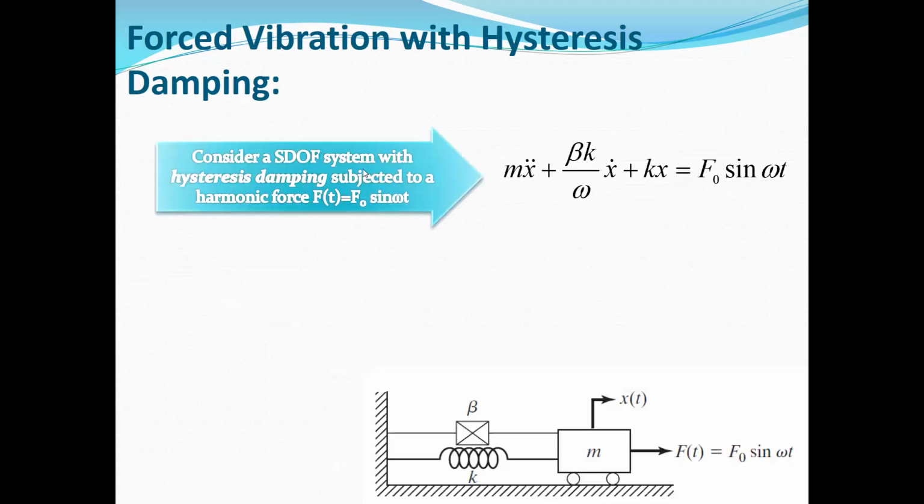The next concept is forced vibration with hysteresis damping. Again, we can assume an SDOF system with hysteresis damping subjected to the external force F(t), which is harmonic in the form of a sine function.